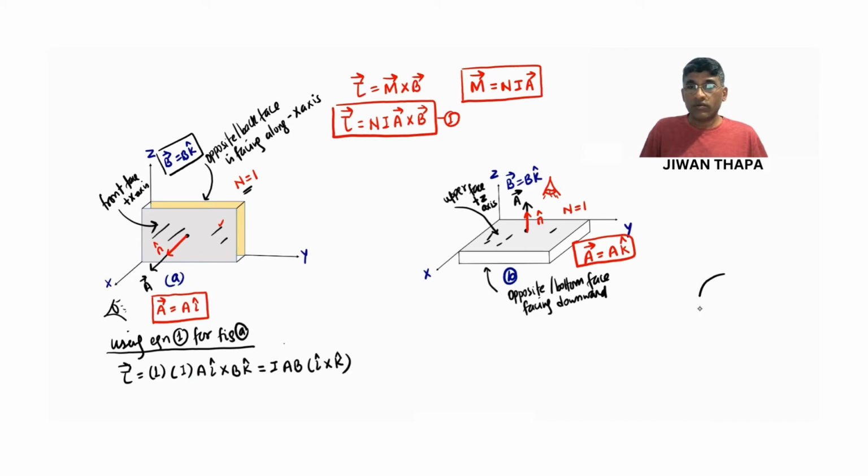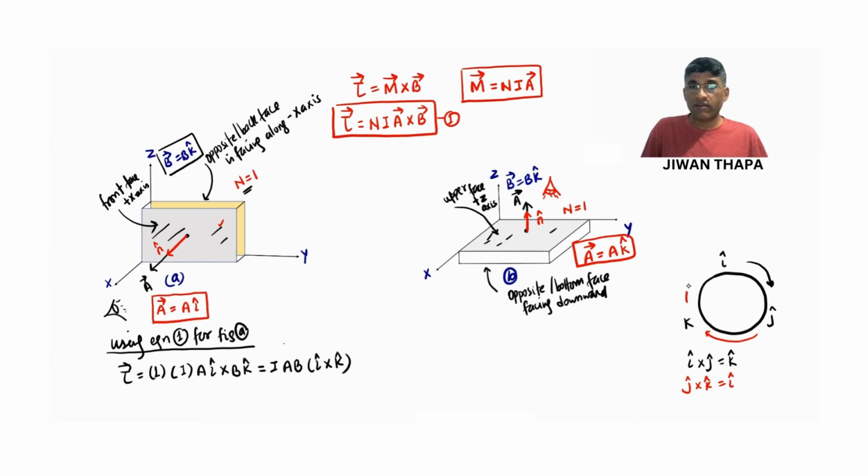Now we know that when we have i cap cross j cap, we get k cap. When we have j cap cross k cap, we get i cap.